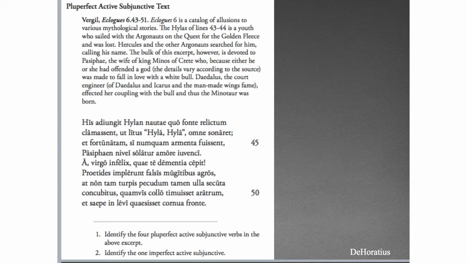All right, we're going to do the same thing here. So you're going to identify the 4 pluperfect active subjunctive verbs in the excerpt. Then what you're going to do is change those forms to the passive. So keep everything the same, but it's going to become passive rather than active.